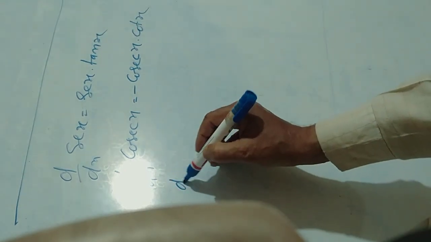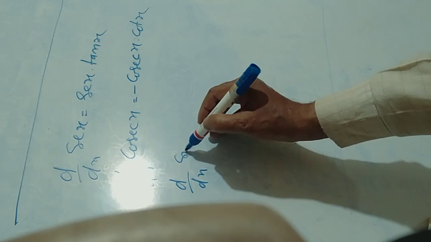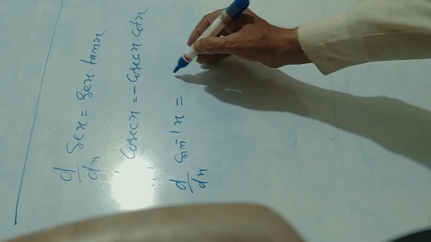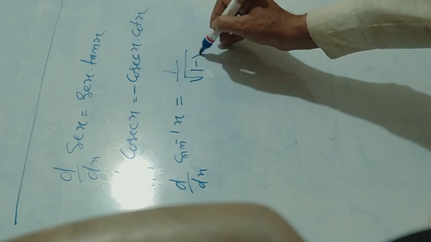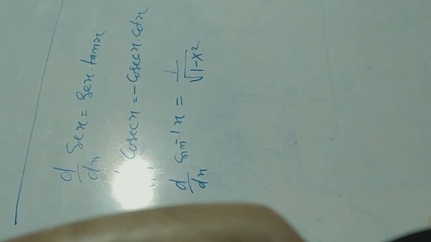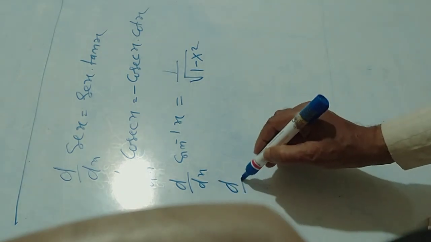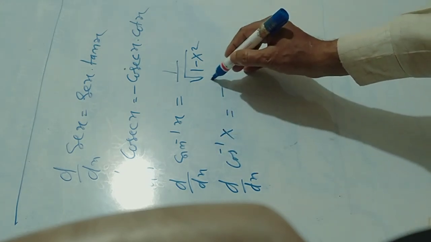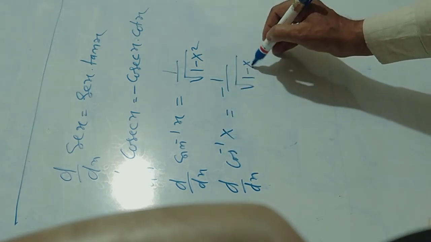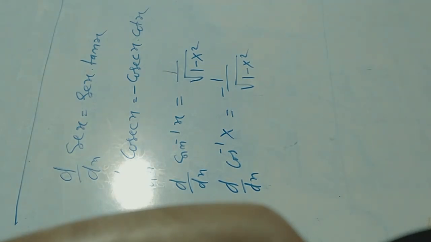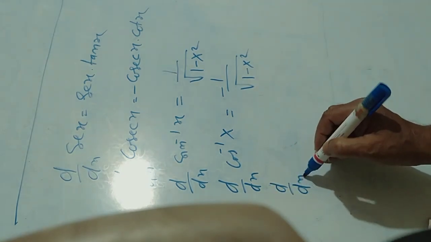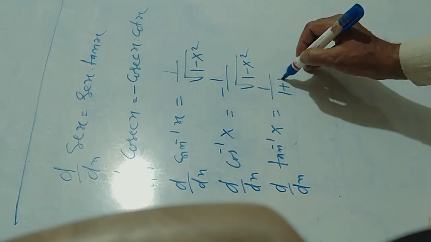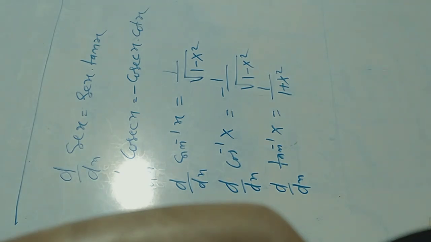d/dx of sin inverse x is equal to 1 upon under root 1 minus x square. d/dx of cos inverse x is equal to minus 1 upon under root 1 minus x square. d/dx of tan inverse x is equal to 1 upon 1 plus x square, right?